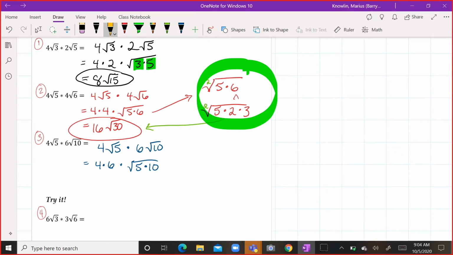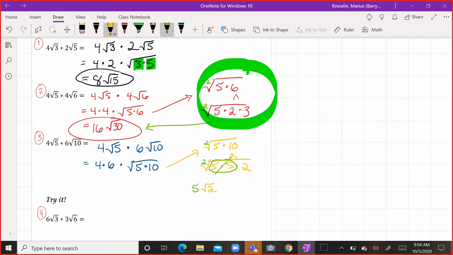So over here off to the side, we can look at this as the square root of 5 times 10. And the 10, we can break that down. So this is going to be the square root of 5 times 5 times 2. And now, remember our square root, the index is 2. So that means in groups of 2's, we're going to circle that, cross that out. So that's going to give us 5 on the outside and square root 2.